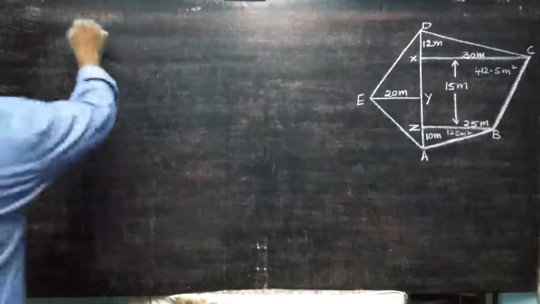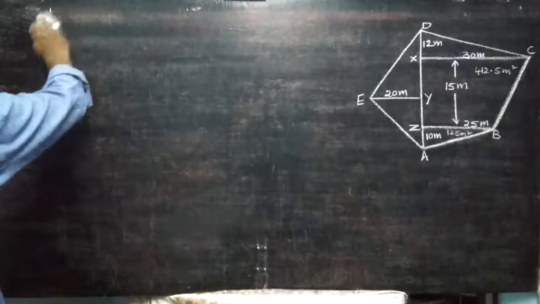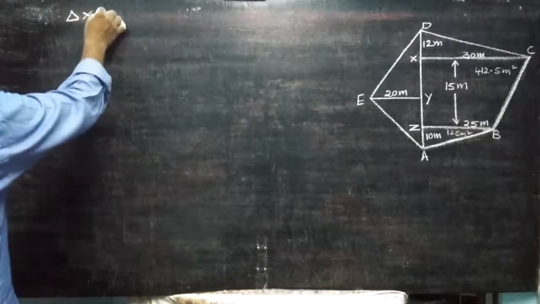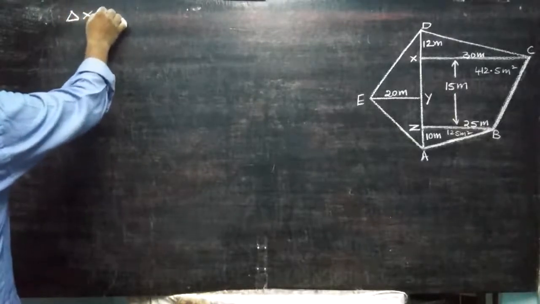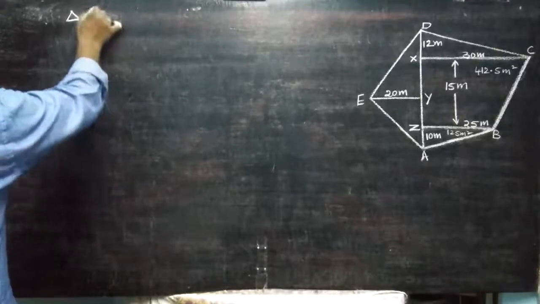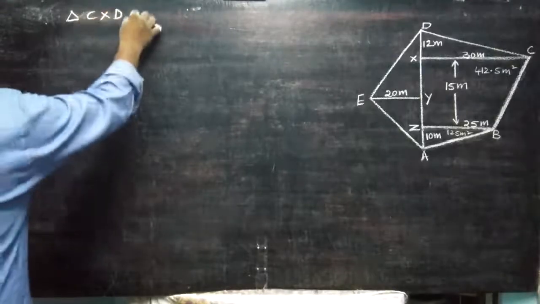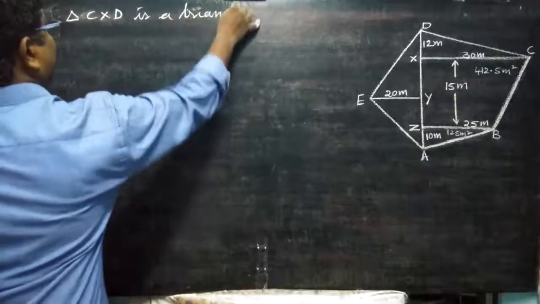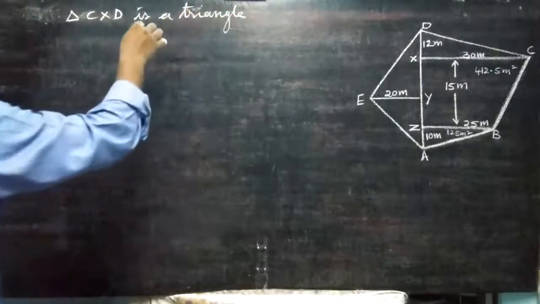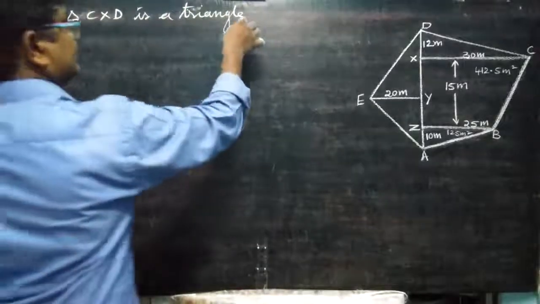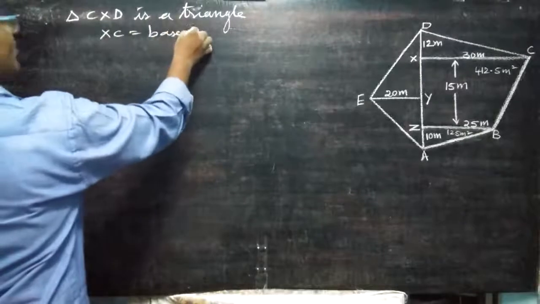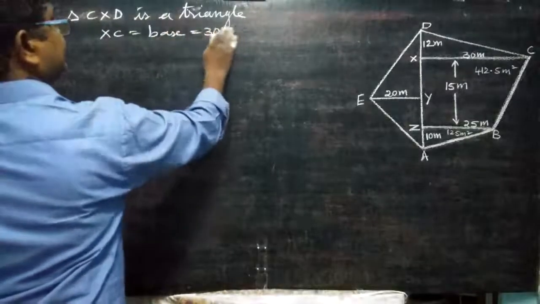Now next, we will take triangle CXD. We will take this triangle. Here base is XC, 30 meters.